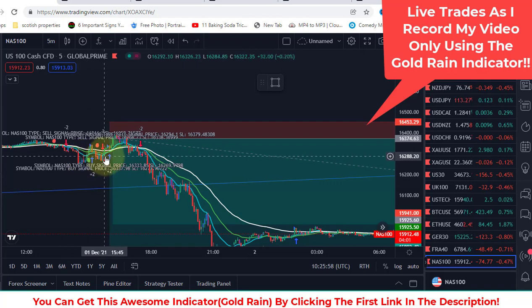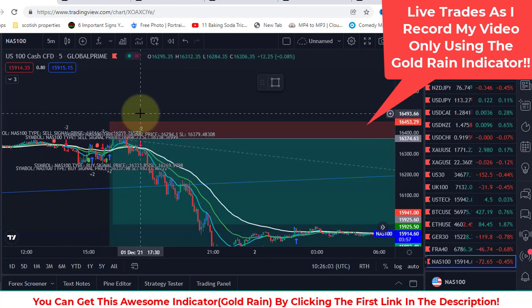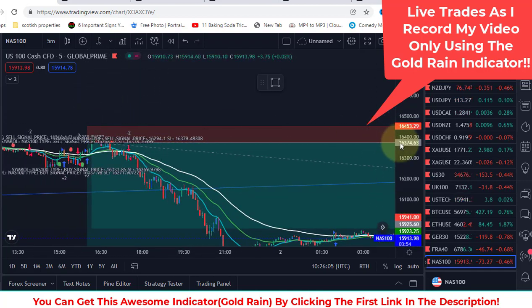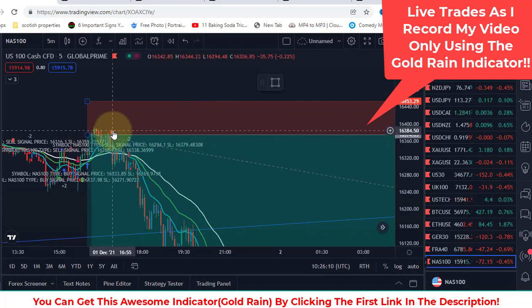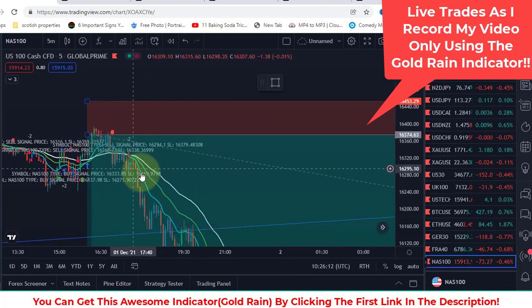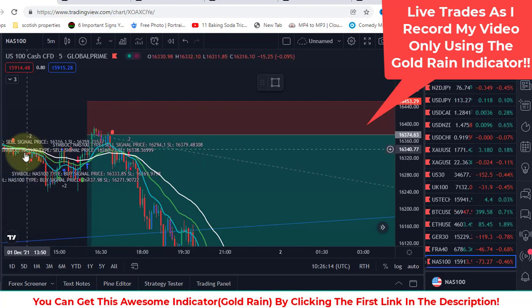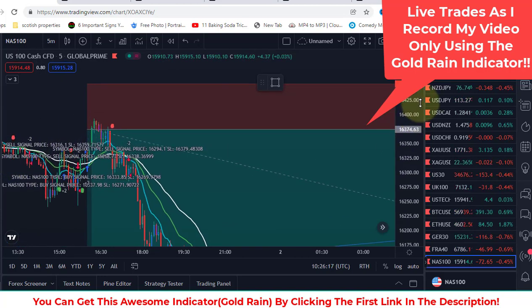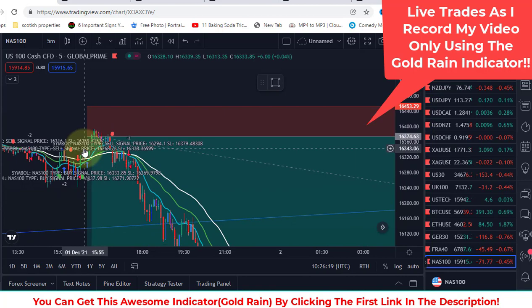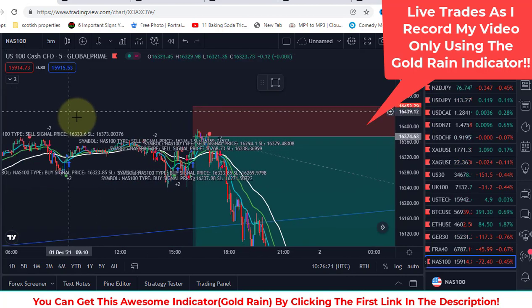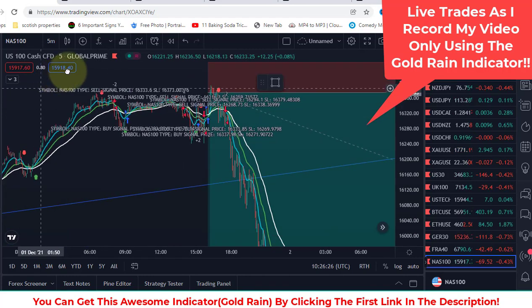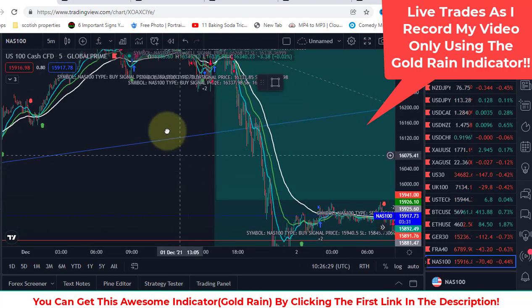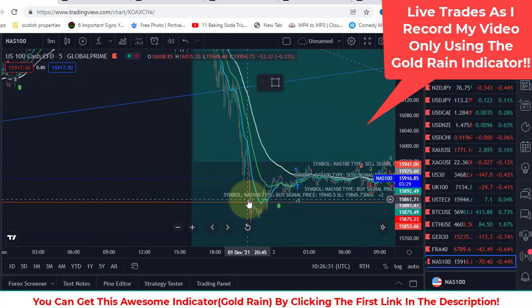I knew price was not really going up, so I got a tiny bit of drawdown, but then price dropped, because I relied on multiple sell signals here. We have multiple signals, and multiple red dots here as well. So I knew price would definitely go down, which it did.